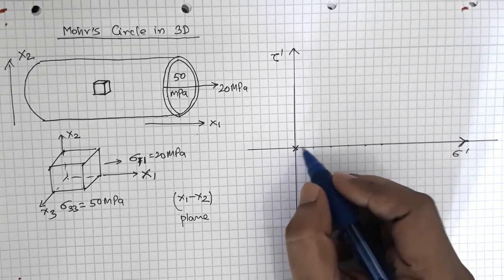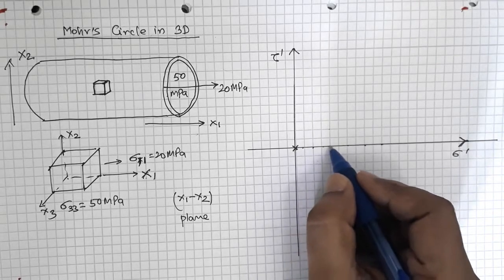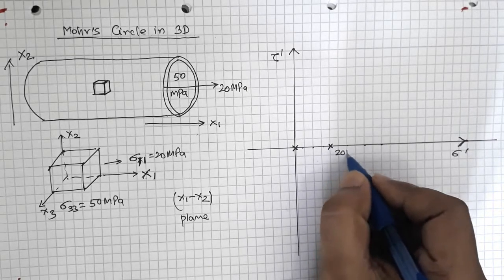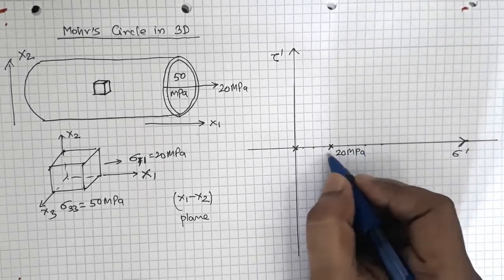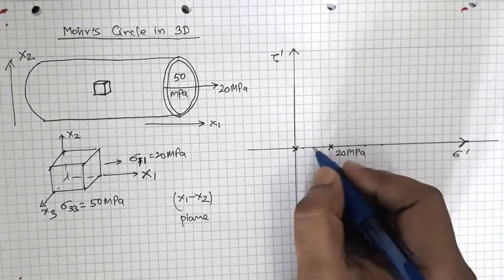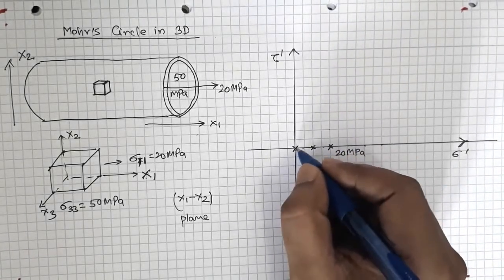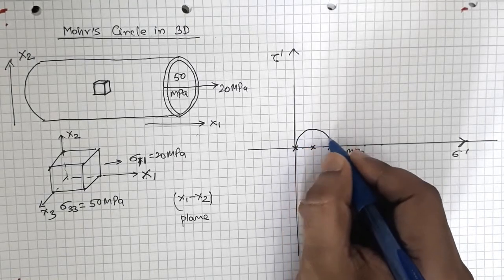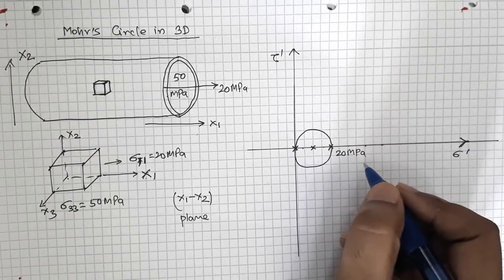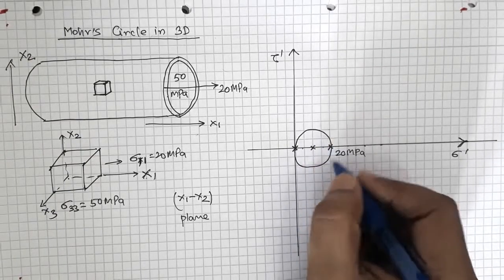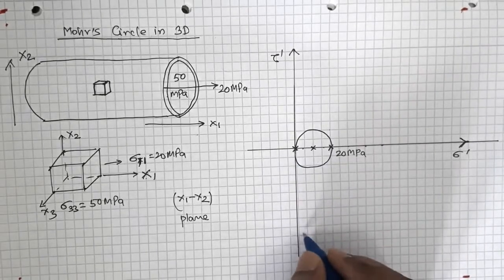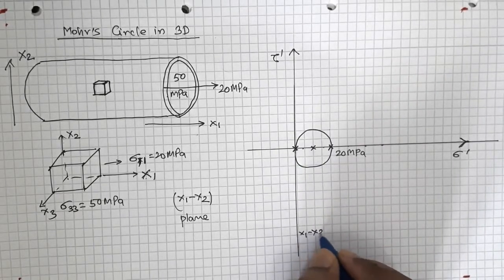So 5, 1 2 3 4, so this will be 20 megapascal, okay. This is 20 megapascal, this point here. So I need to draw a circle which looks like this, okay, so this is the circle of the x1 x2 plane. Let me write here x1 x2 plane.